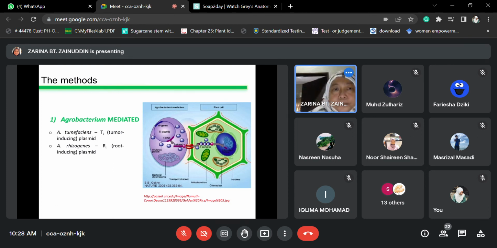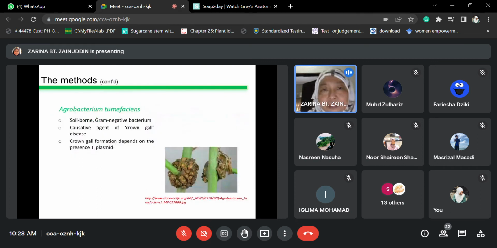Okay? Alright, so agrobacterium tumefaciens, kita use agrobacterium tumefaciens for transformation. Is actually soil-borne. Dia akan dijumpai kat soil. It's actually gram-negative bacterium. Like I said just now, if plant is being infected with agrobacterium tumefaciens, it will cause tumor or what we call as crown gall disease.